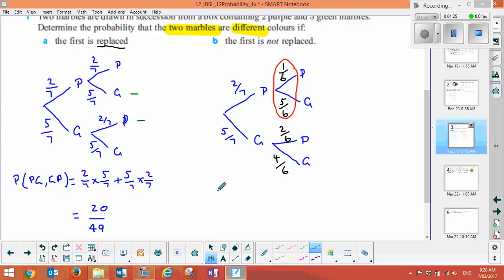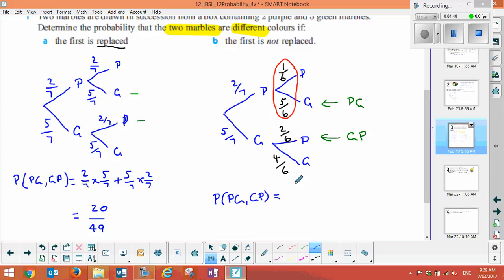So now the probability of getting purple and green, or green and purple, is going to be equal to, remember we're after this option, which is our purple-green, or this option, which is our green-purple.